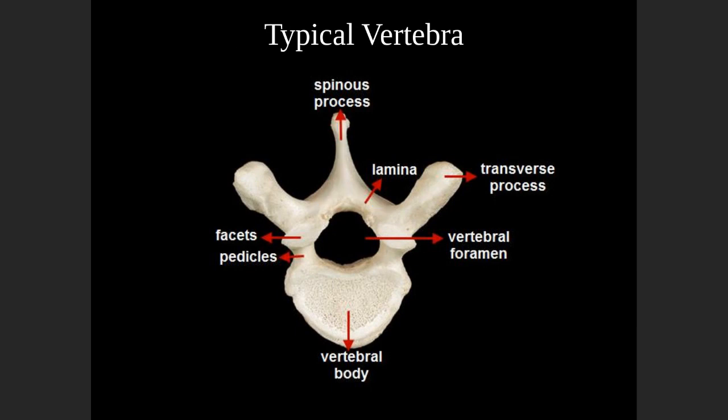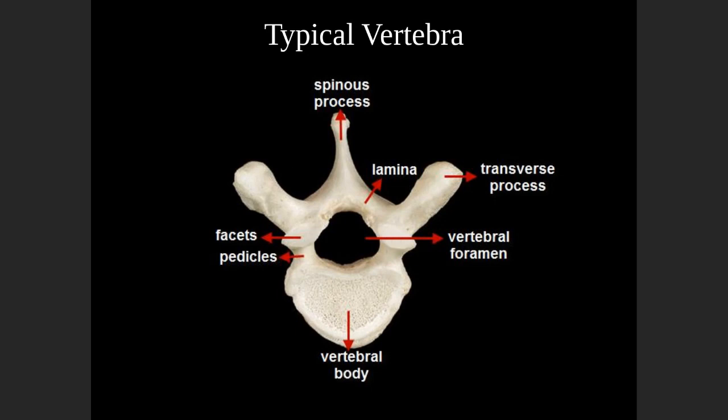Then, these little smooth-like structures, I'll show you better views of them, those are the facets, and that's going to be a joint because it's going to connect to another vertebrae and create a joint.